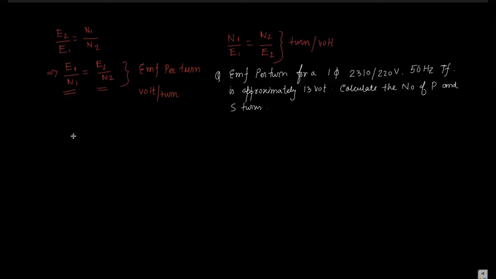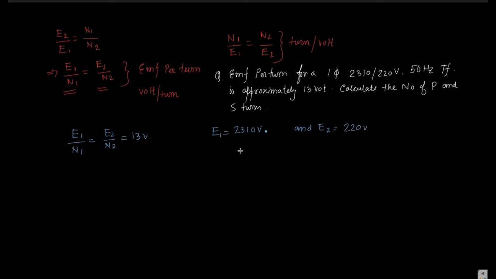Very easy one. So here volt per turn is given, E1 by N1 is equal to E2 by N2 is equal to 13 volt. E1 is 2310 volt, and E2 is 220 volt.